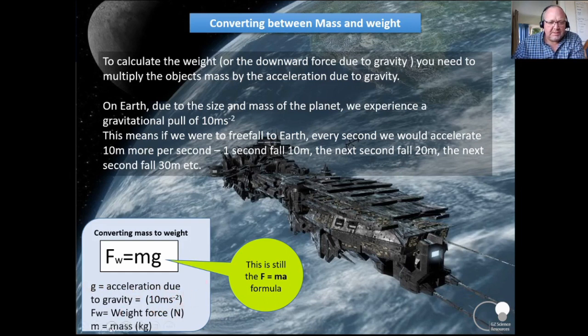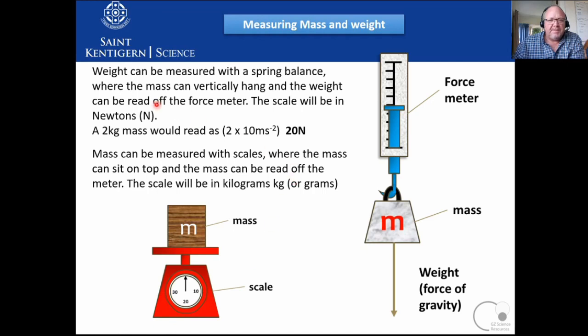Okay, let's go to the next one. Weight can be measured with a spring balance or another balance. You take your mass, and the weight force pulling it down to earth is going to change the shape of that spring. It's going to extend that spring, and we call that a force meter.